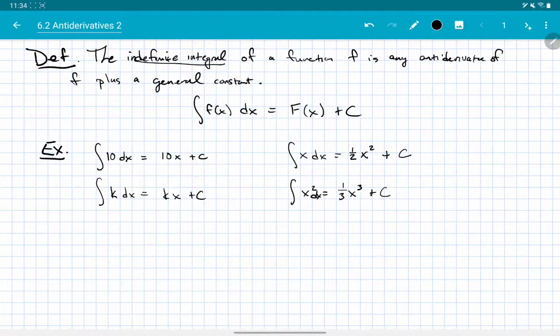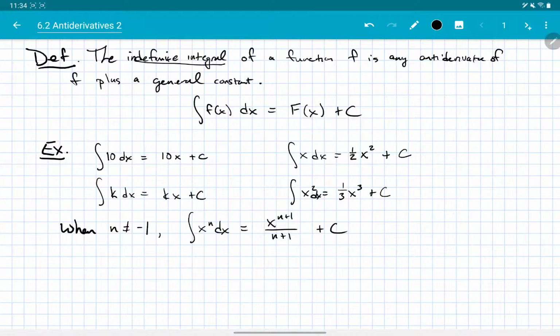Now, in general, you might see a pattern here. When n is not -1, the indefinite integral of x to the n dx is x to the n plus 1 divided by n plus 1 plus a constant. You see that working in this example.